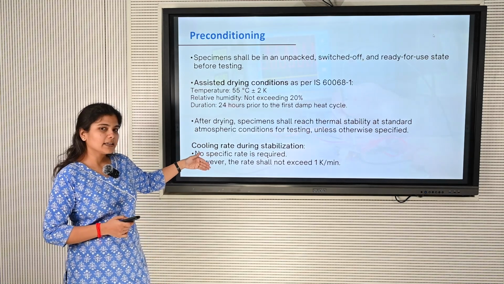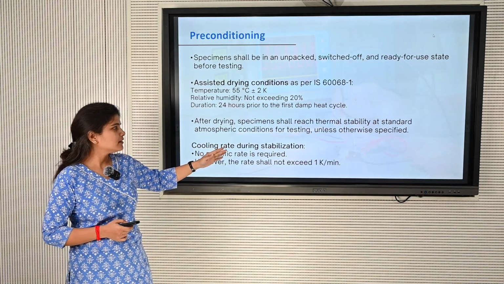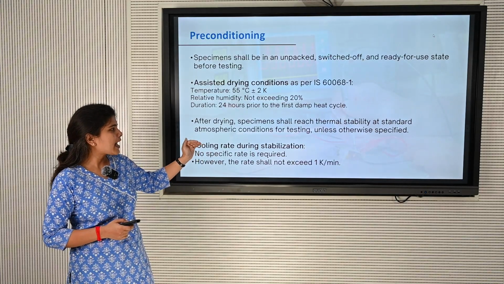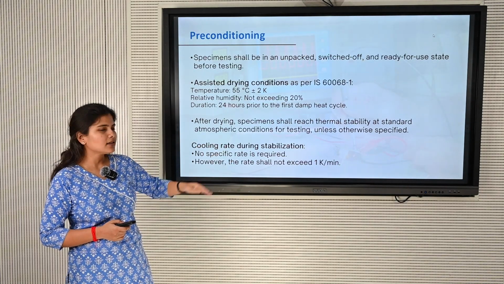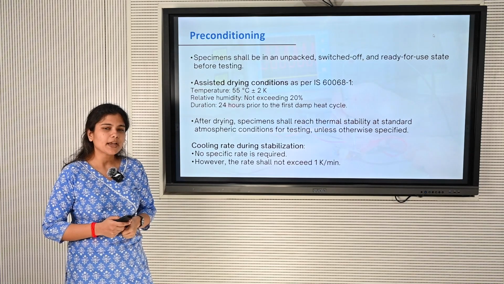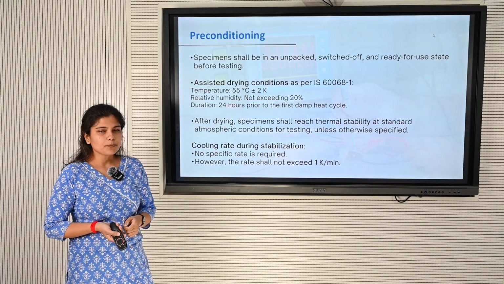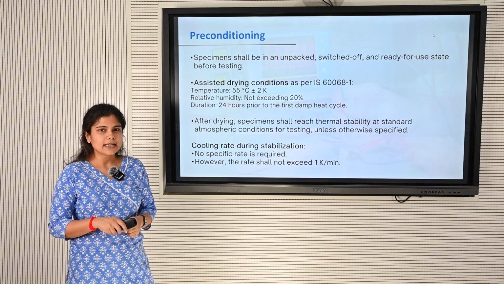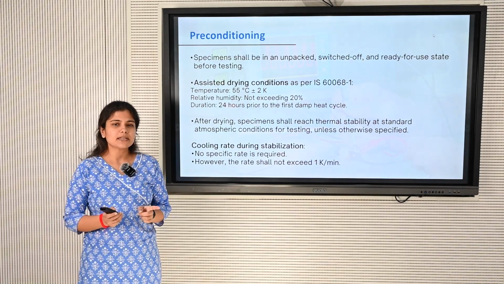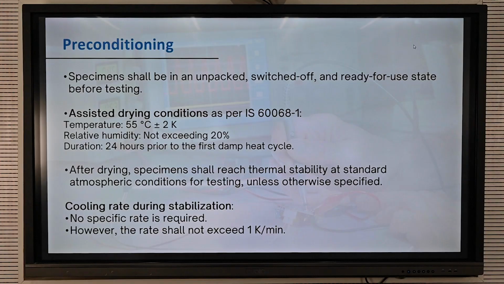Then what are the other conditions? After we do the drying, the specimen shall reach thermal stability at standard atmospheric conditions for testing unless otherwise specified. If some other values are specified, you have to confirm that the equipment under testing is as per those values. If nothing has been specified, it should be standard atmospheric conditions. Next, the cooling rate.